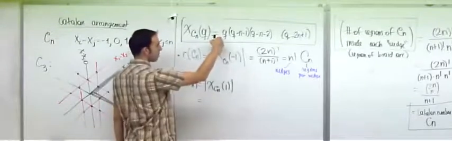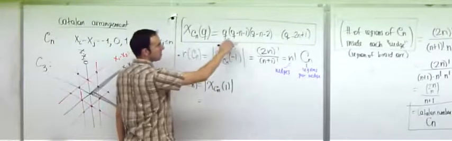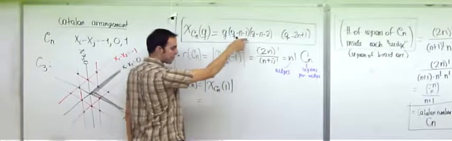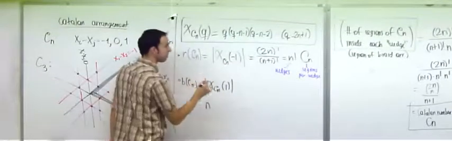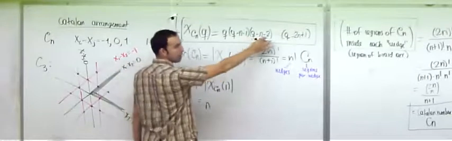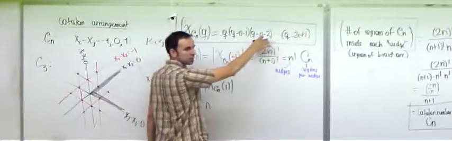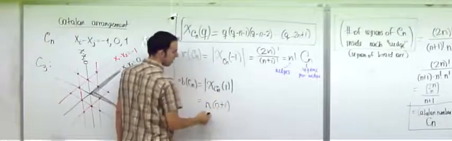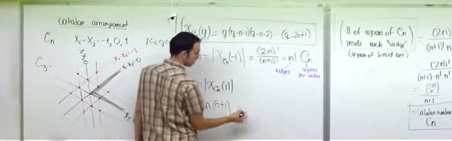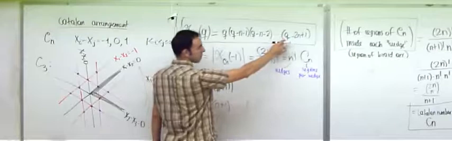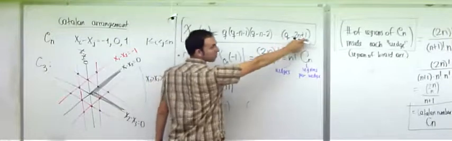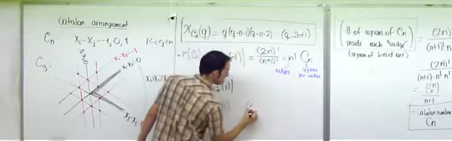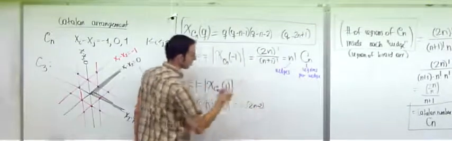So let's see what happens when we do that. So q is 1. So here we just get 1. Then 1 minus (n minus 1) is minus n plus 1... I ignore the sign, so I get n. 1 minus (n minus 2) is minus n plus 1. So n plus 1, n plus 2, dot, dot, dot. Here, q is 1, so 1 minus (2n plus 1) is minus 2n minus 2. So it goes to 2n minus 2.